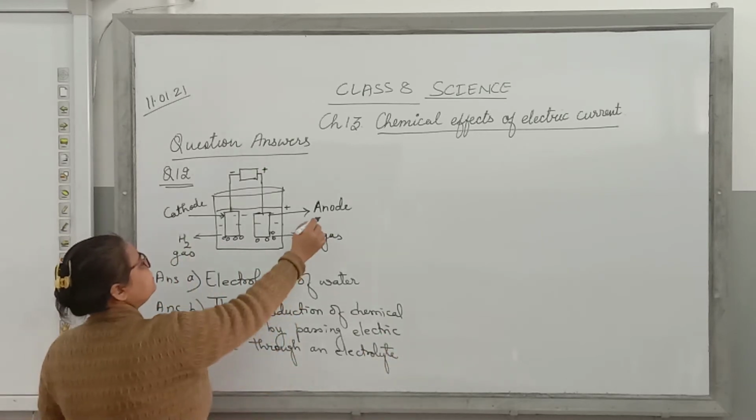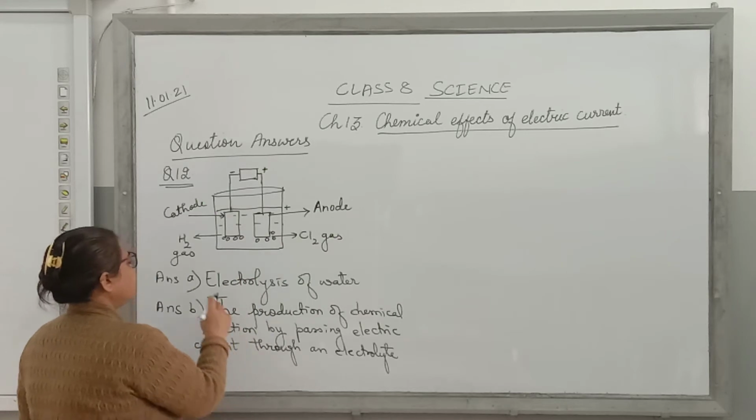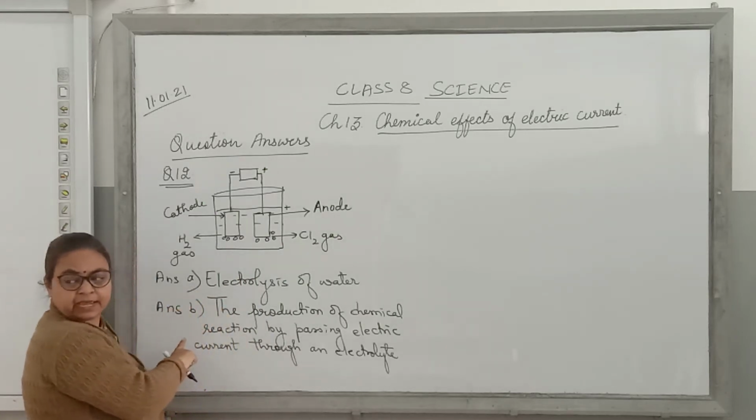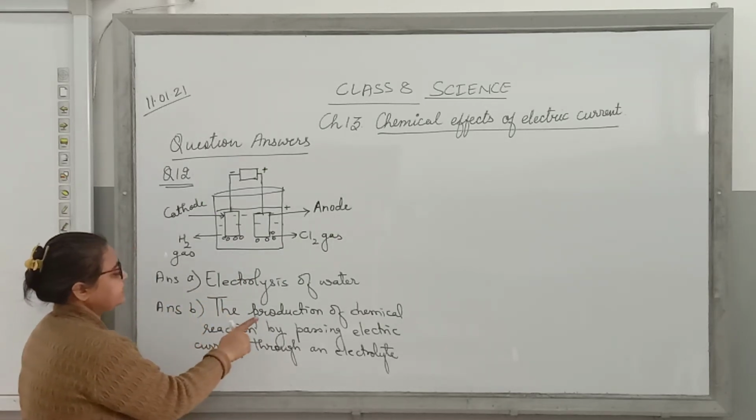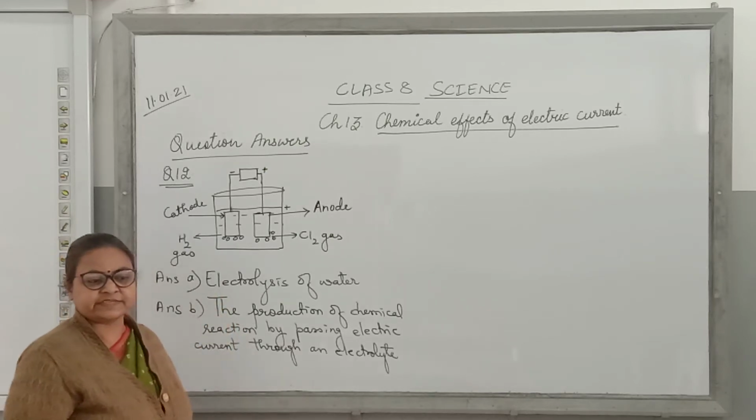So the labelings we have done, anode and cathode, we have written the name of the process and we have also written the definition of electrolysis.